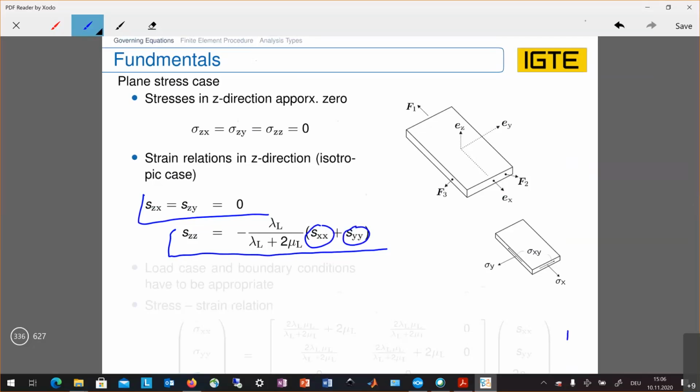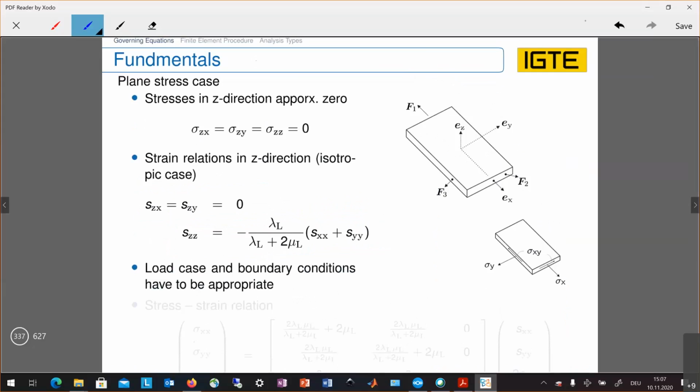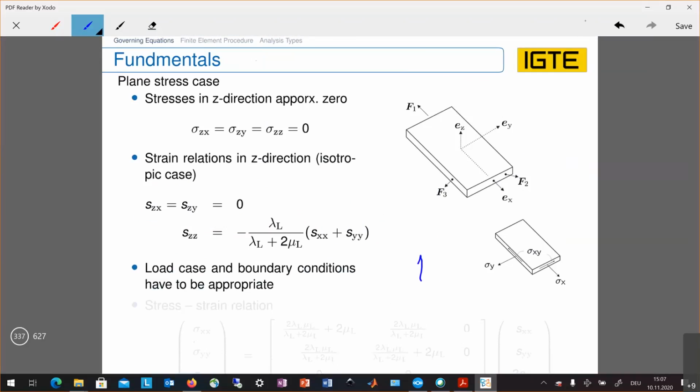Again, what is important is clearly that the load cases are correct, which means it is appropriate in such a case that we can do all the computation in the so-called XY plane according to our setup.